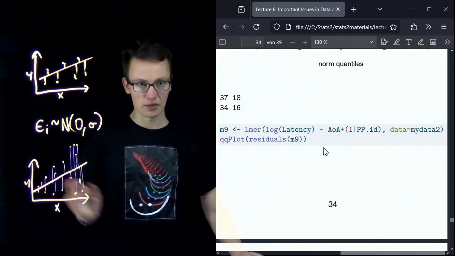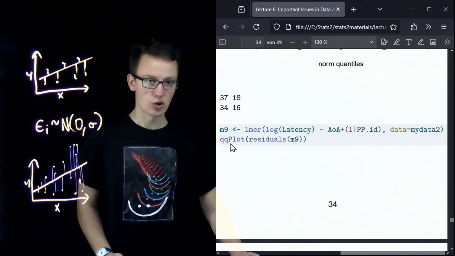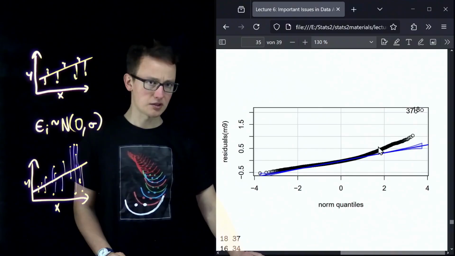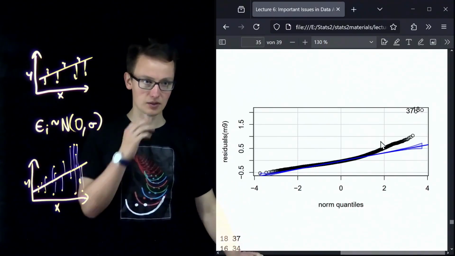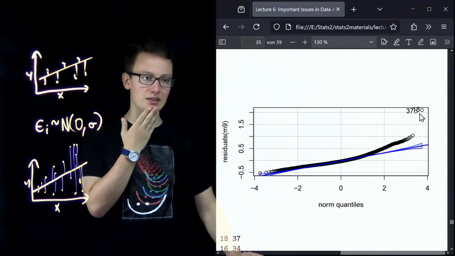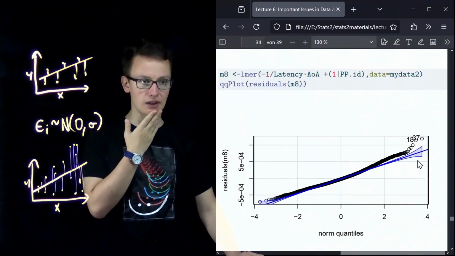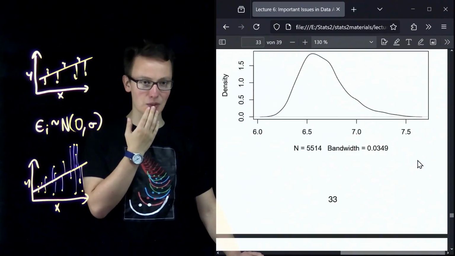For the other transformation, the log transformation, we can do the same thing. So visualize the QQ plot for the log transformation, and that's a bit worse actually in this case than the inverse one, but it's still better than the raw reading times. Here you can see clearly there are still these outliers, which maybe are the original outliers that were in the original data set, the ones that we removed.